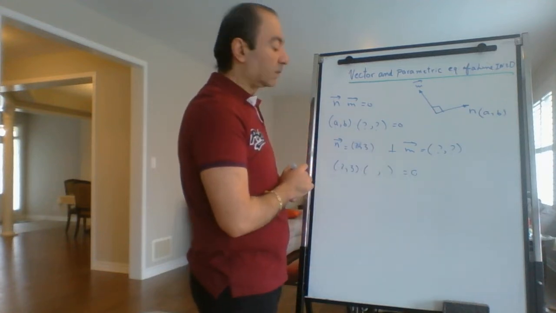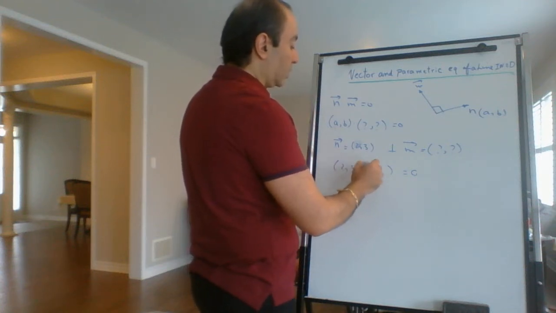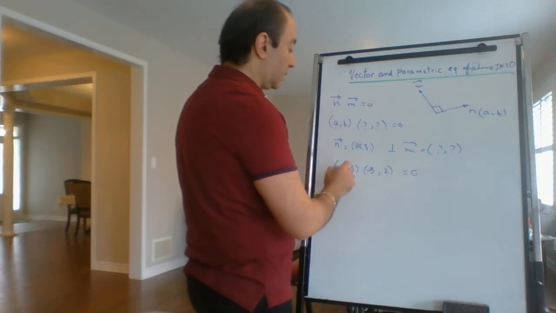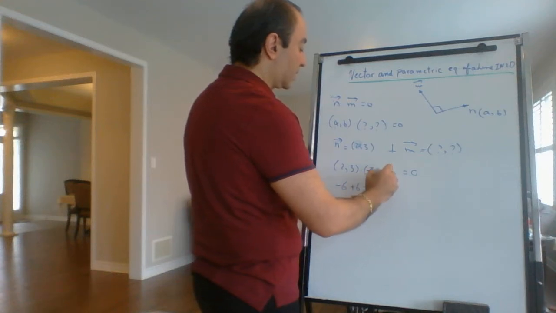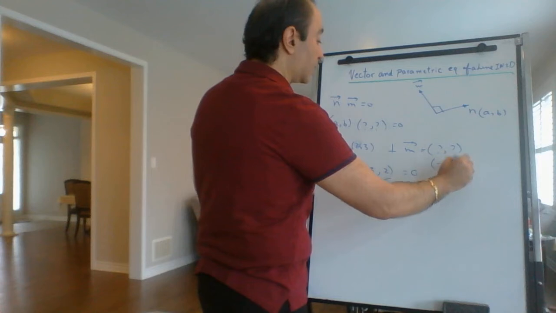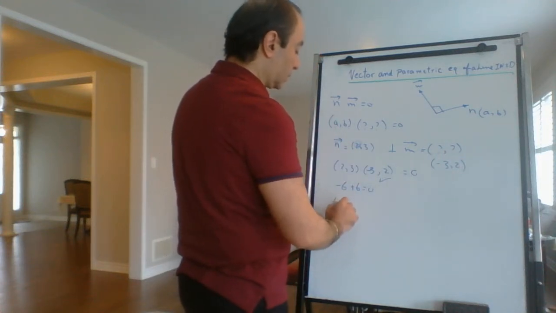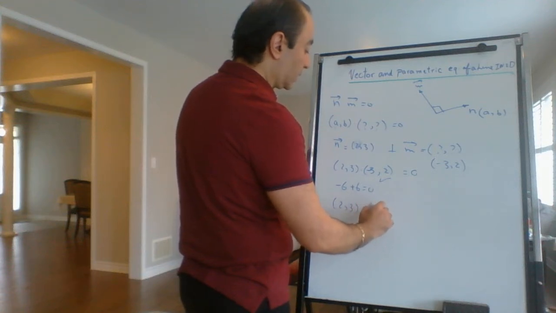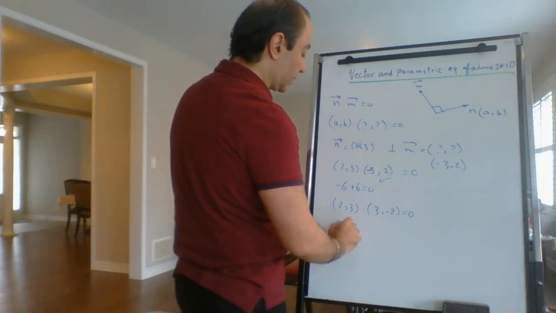If we exchange those numbers and change one sign, that will be negative 6 plus 6 equals 0. So this is a normal vector to n. So one of the vectors is negative 3 and 2, or 3 and negative 2 will equal 0 as well, because 6 minus 6 equals 0.